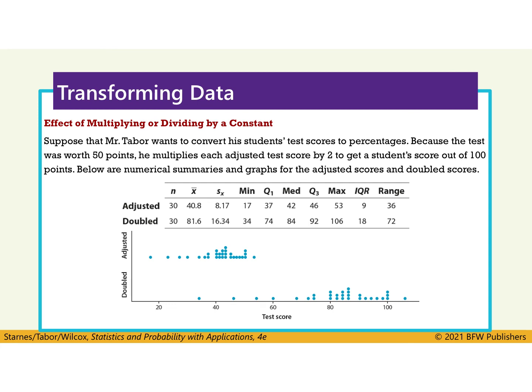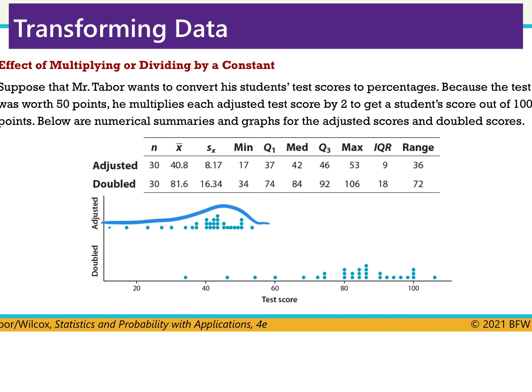So what happens to the distribution? Well, this data was skewed left, right? The original data. When I multiply that by 2, the data is still skewed left. But you can see that it's clearly more spread out, right? If I were to just move everything up 5, it doesn't become more spread out. But if I multiply by 2, it's definitely more spread out.